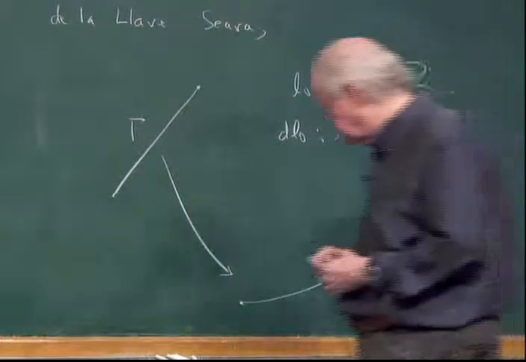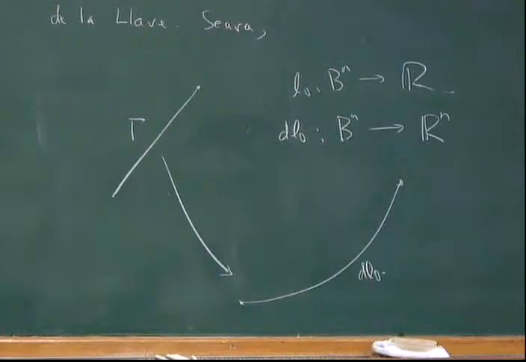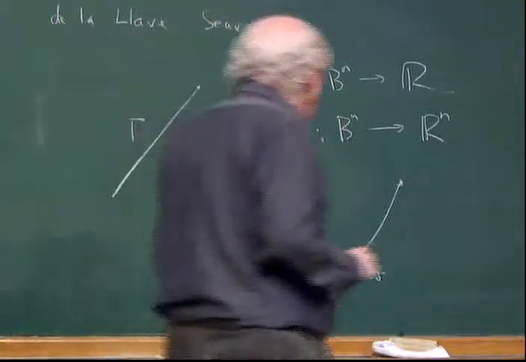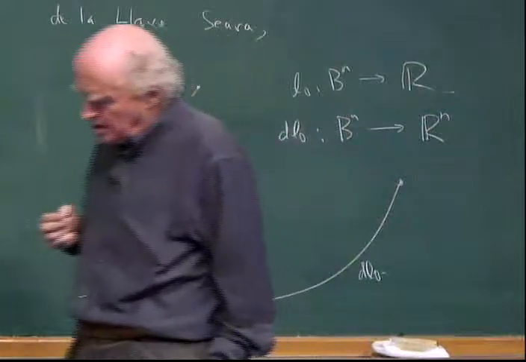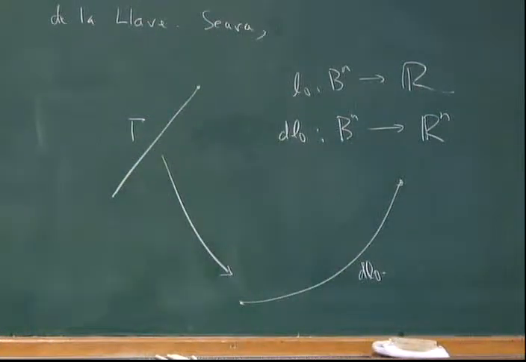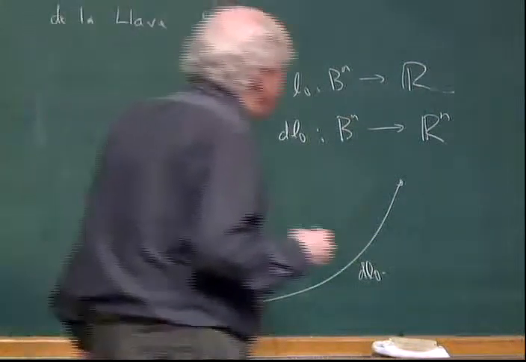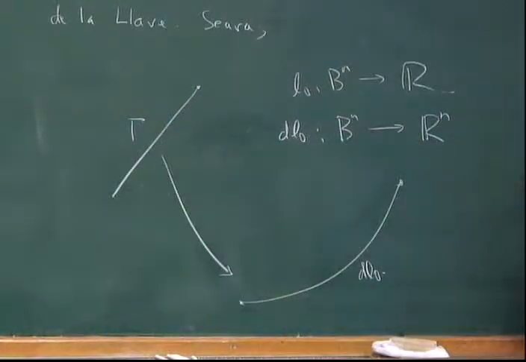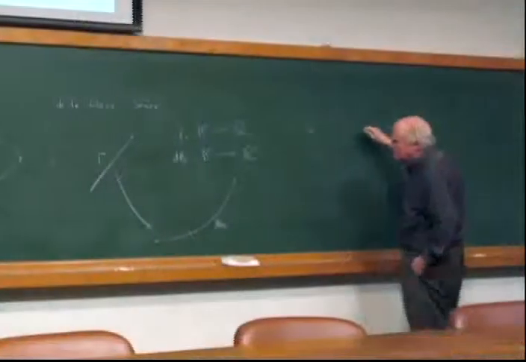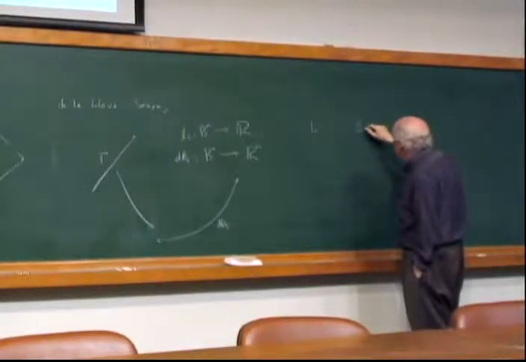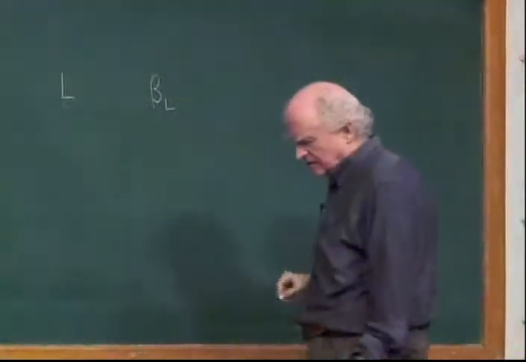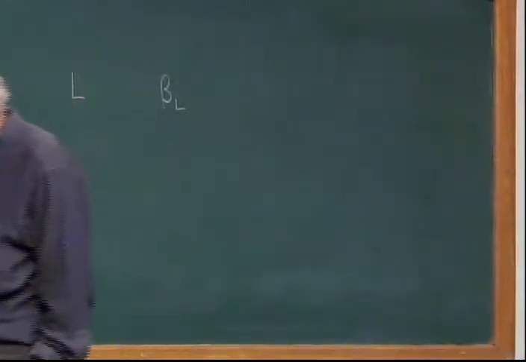Now, it turns out that associated to the Lagrangian L, there's a function which is beta L. I'm waving my hands a lot.